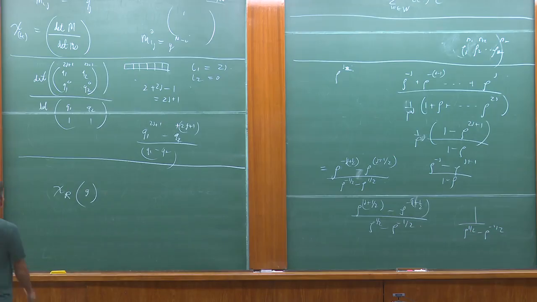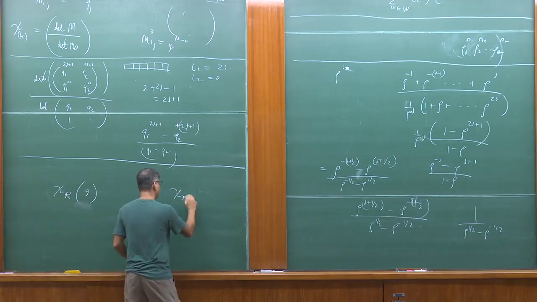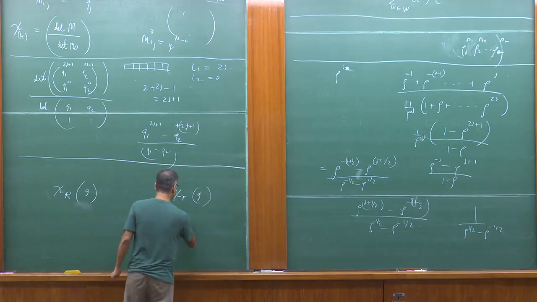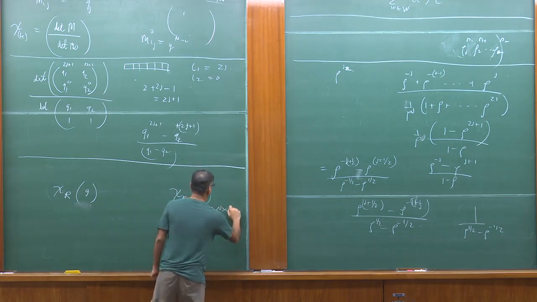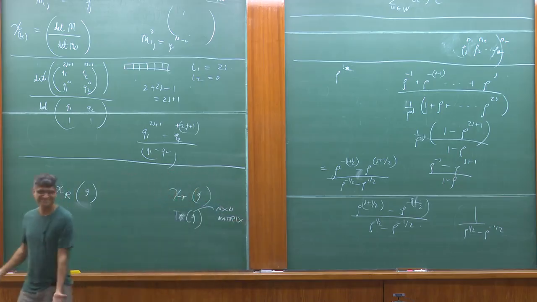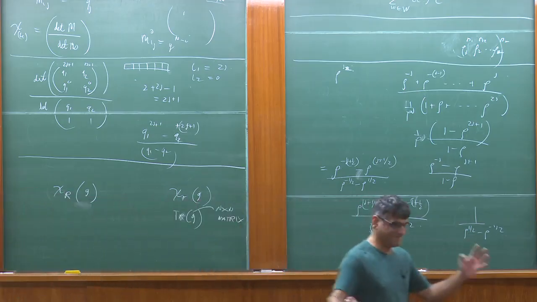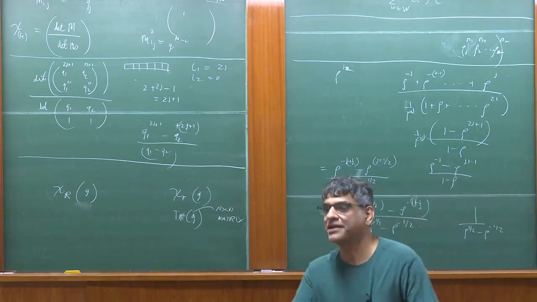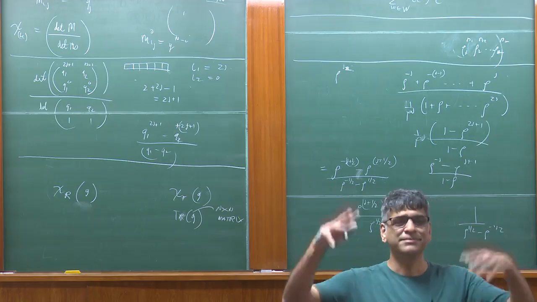The character in the fundamental of G is just the trace of G, where G is an n cross n SUN matrix. You take its trace, that's the character in the fundamental representation. The character in some other representation is some stranger object.